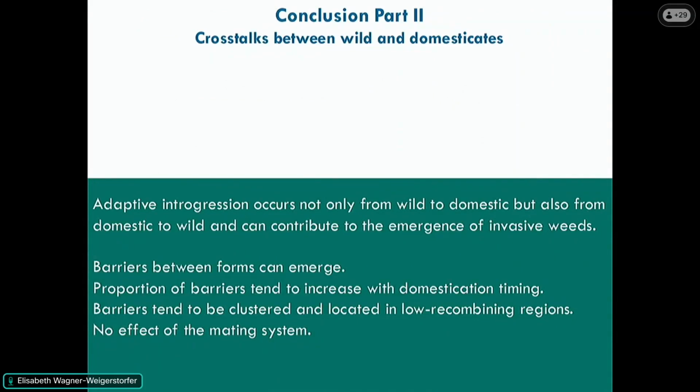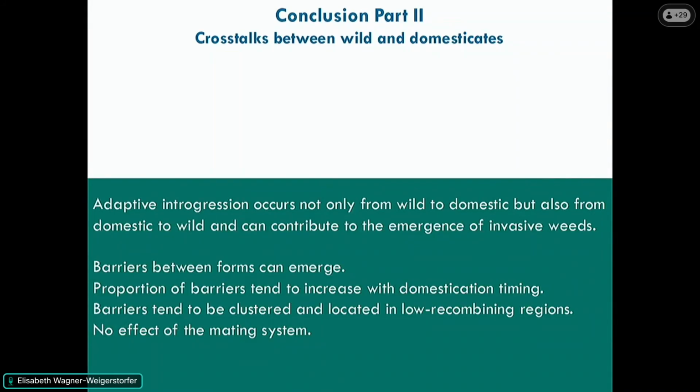Okay, so the conclusion of this part: adaptive introgression occurs not only from wild to domestic, but I also showed you that it occurs from domestic to wild, and it can contribute, in the case of teosinte, to the emergence of invasive weeds.